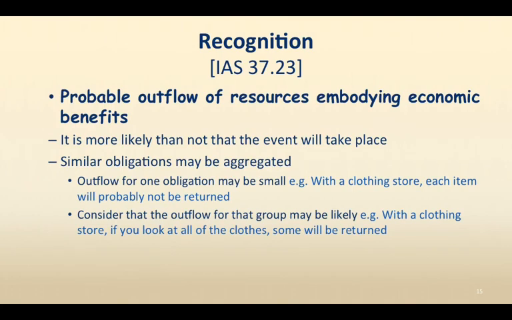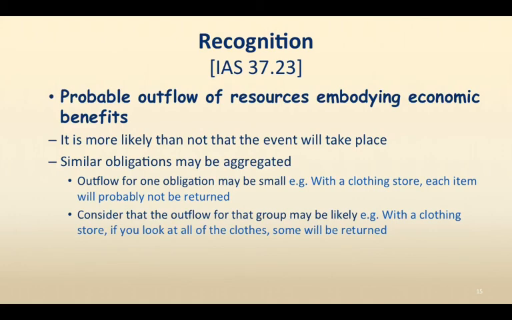And then the other part is probable outflow of resources embodying economic benefits. It's probable, so it is more likely than not that the event will take place. And then similar obligations may be aggregated. For example, the outflow of one obligation may be small. With a clothing store, each item will probably not be returned, or you can consider it as a group where, if you look at all the clothes, some will be returned.